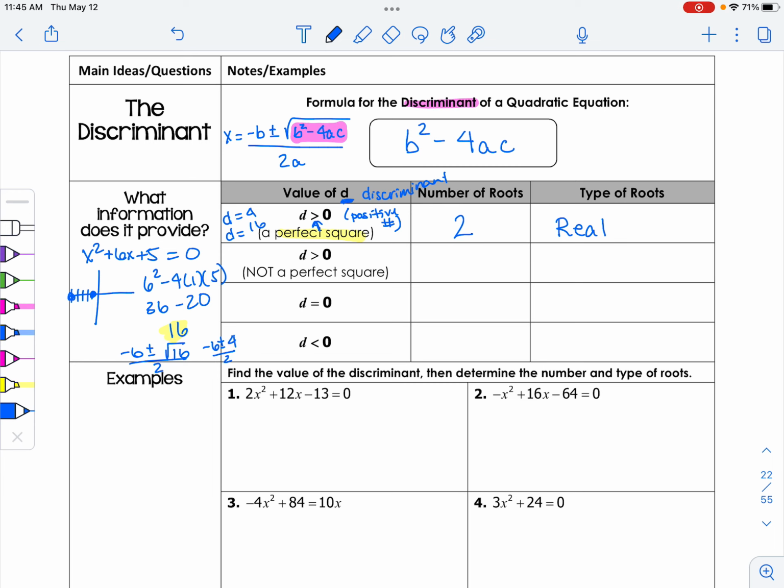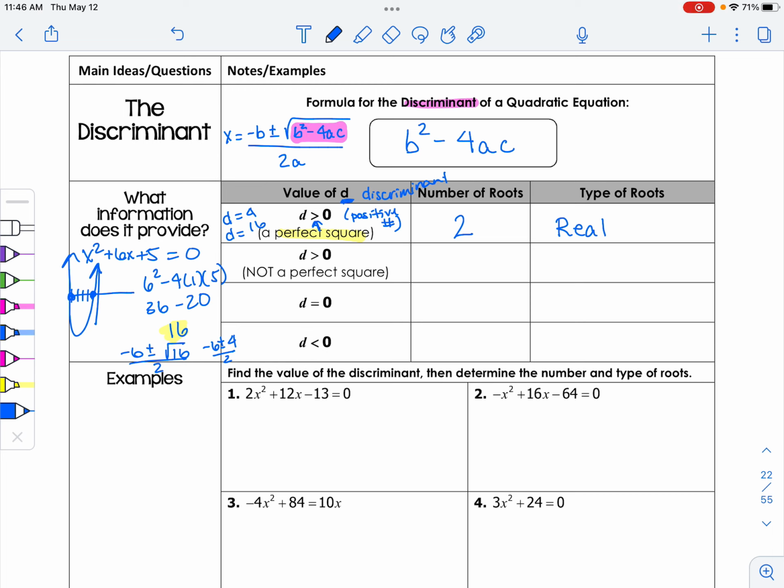Those are answers that we can very quickly do in our head. They're nice numbers, whole numbers, integers actually. -6 plus 4 over 2 gave us -1, and -6 minus 4 over 2 gave us -5. So that's what I mean. They're 2 real solutions. We had a parabola that opened up, and my roots were nice integers.